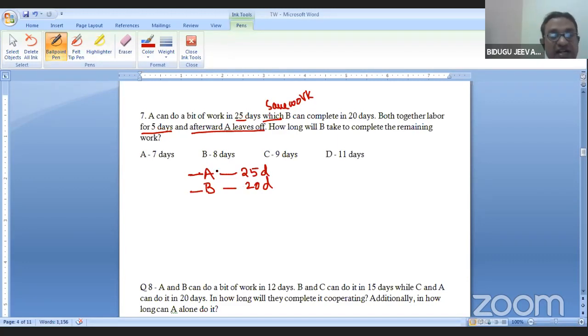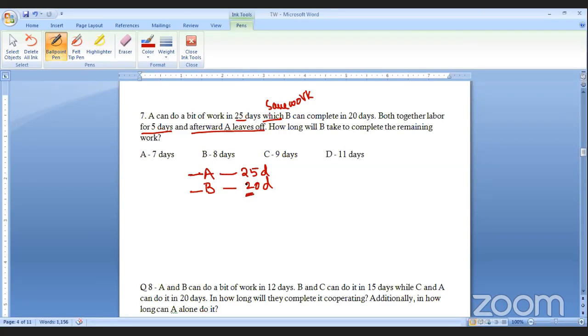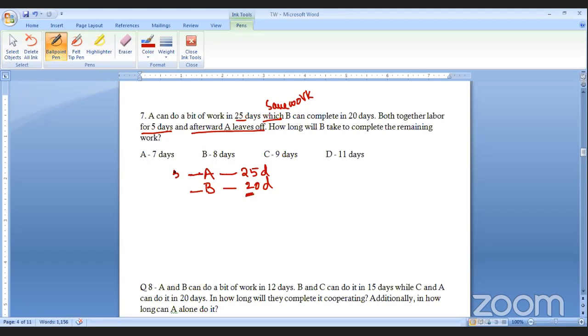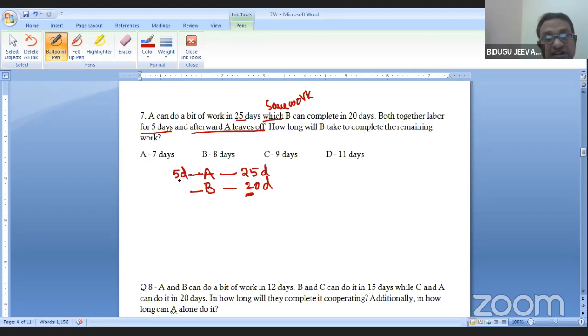Don't get confused. A can finish one work in 25 days. Leave that one. B can do it in 20 days. Looking at these two people, B is efficient. B can do the work in fewer days, which means he is efficient. He's a smart person. Now, they work together. After 5 days, A left. That means A worked for how many days? Exactly, only 5 days he worked.